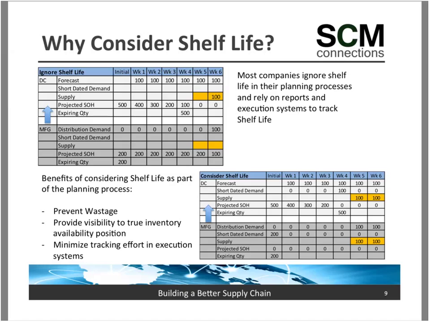So essentially, there is a quantity of 100 that's going to get wasted because you're not going to be able to utilize that. So there's a process that we can utilize where we take whatever is considered wastage, and we generate demand to offset this remaining inventory that is expiring.